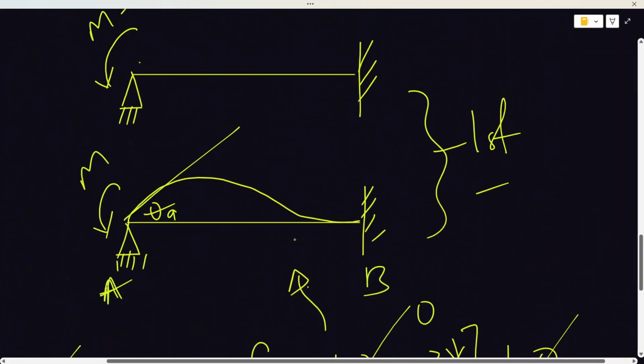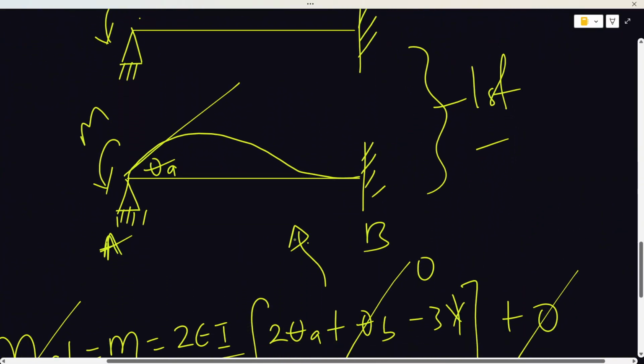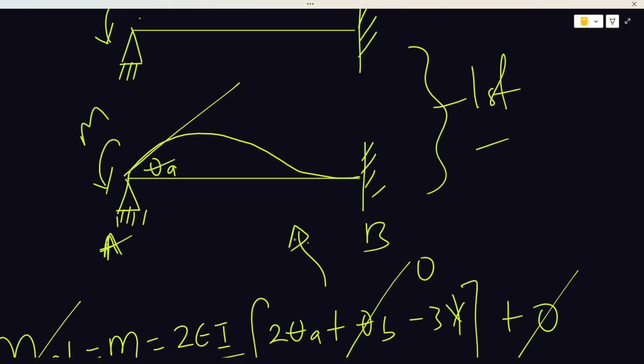So what else do we need to know? Of course, in slope deflection, like we said, there is always a member end moment. So this one too, it means that at B we also have a moment. We'll call it MBA. So at A we have a moment.